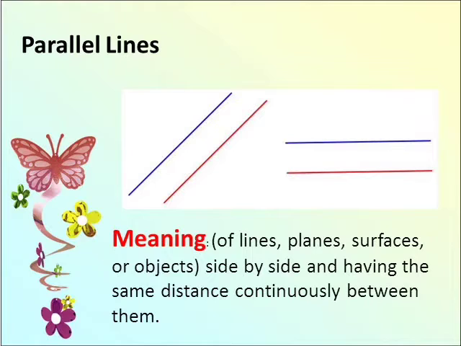In the dictionary, parallel means lines, planes, surfaces, or objects side by side and having the same distance continuously between them. That is the difference between perpendicular lines before and parallel lines now.